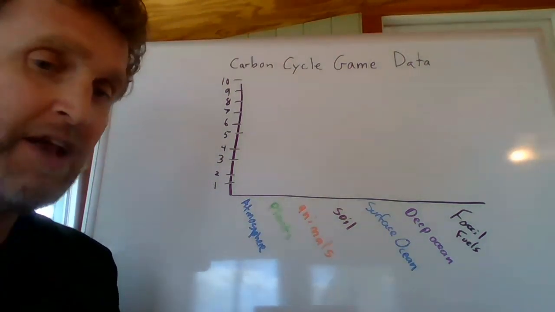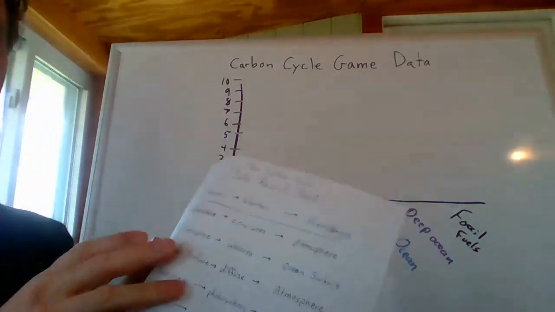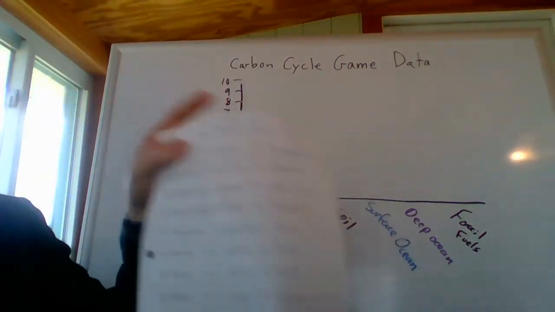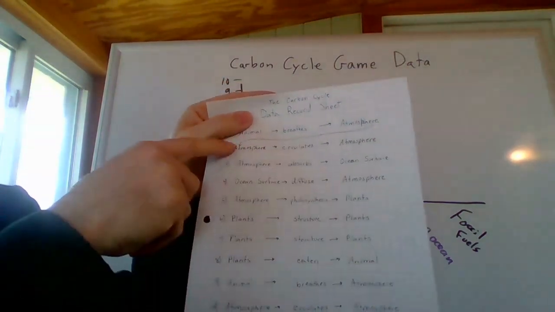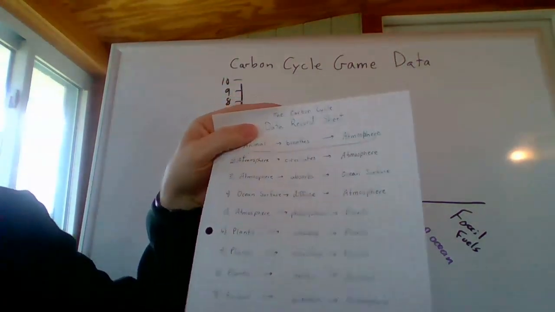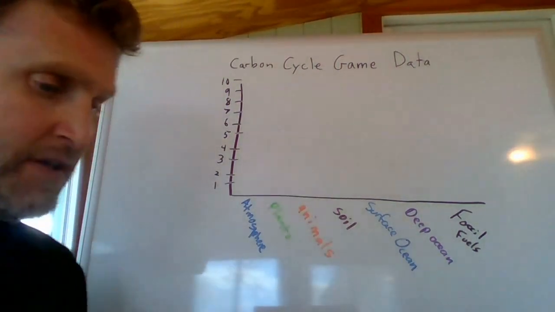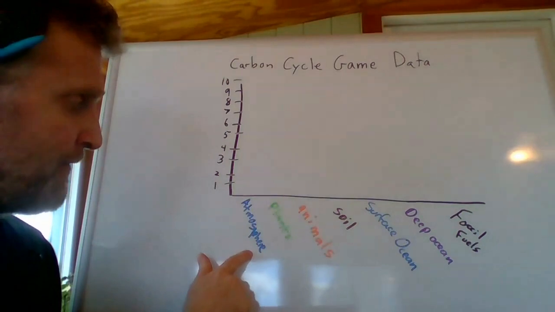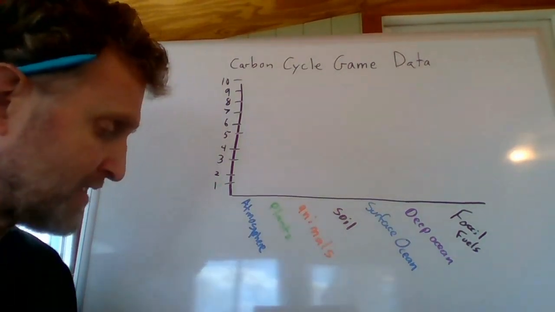So here's what I want you to do first with your chart. You're going to be reading just this side. So not where you start, but just this side. And you're going to count how many times you went to a certain place. On my first one here is atmosphere. If your chart's different, it could be a different place, that's fine.